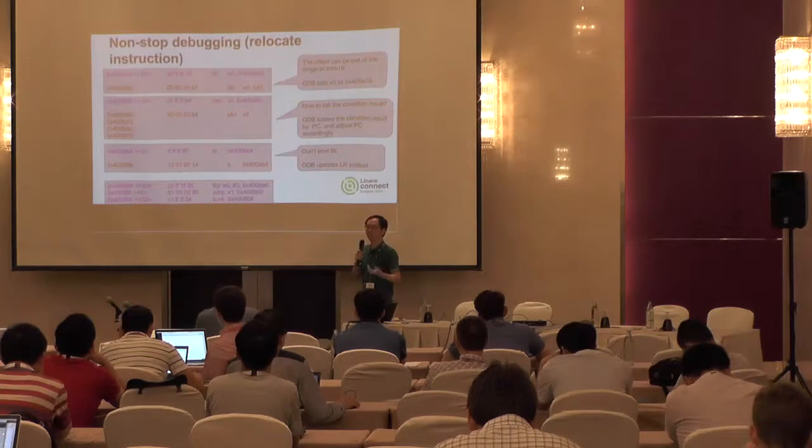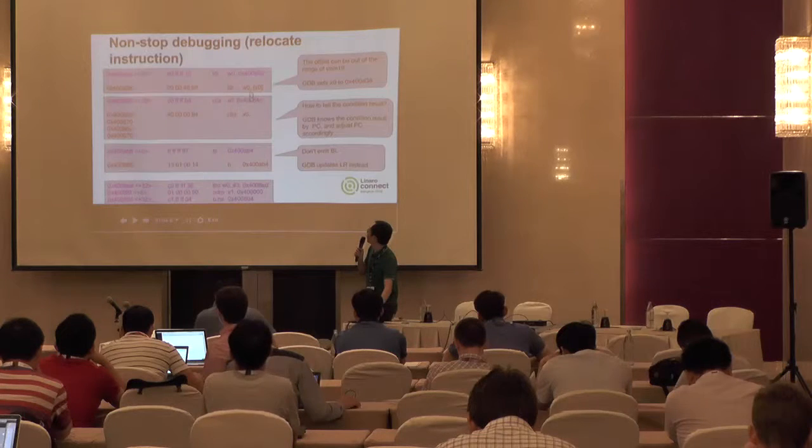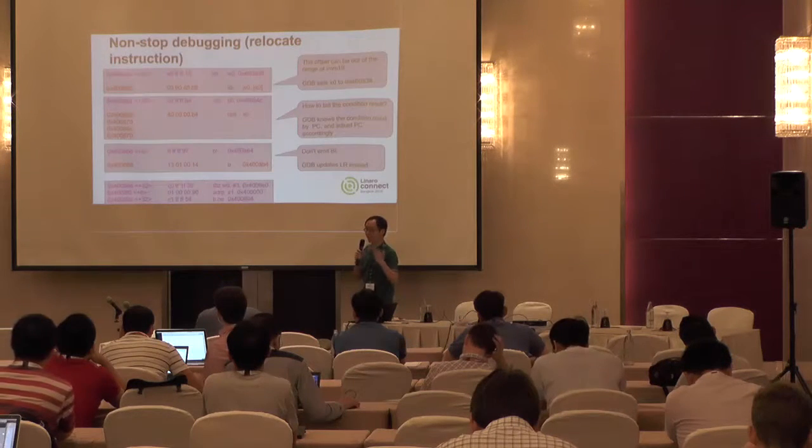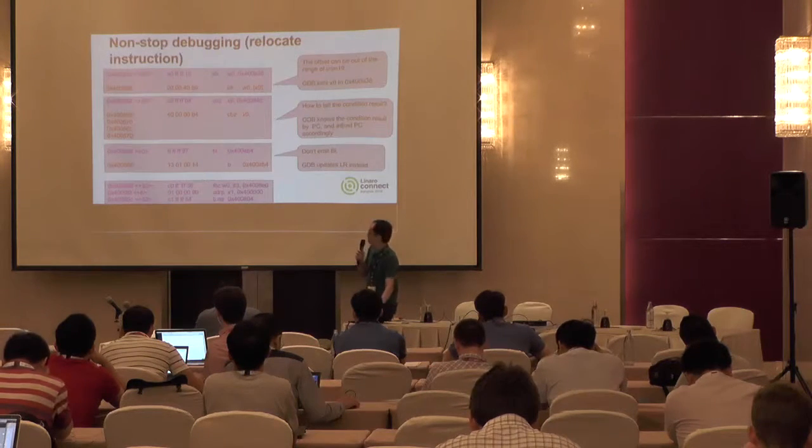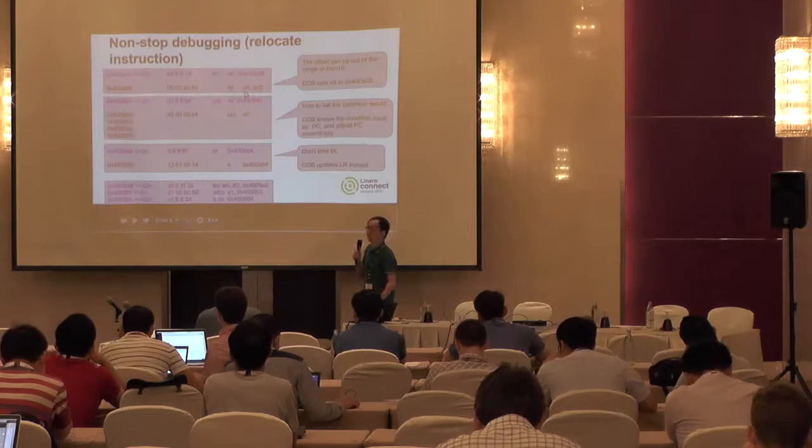So GDB has to choose another instruction. We can do this: GDB writes the address value into X0 and just executes the LDR W, [X0] instruction. So the instruction is different, but the effect is still the same.